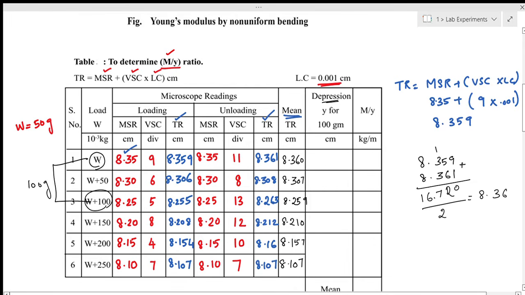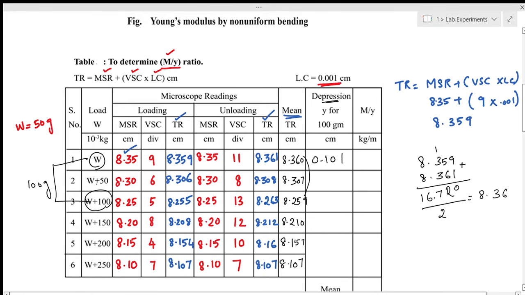The same type of difference should be taken in the mean value also. 8.360 minus 8.259, you will get 0.101.